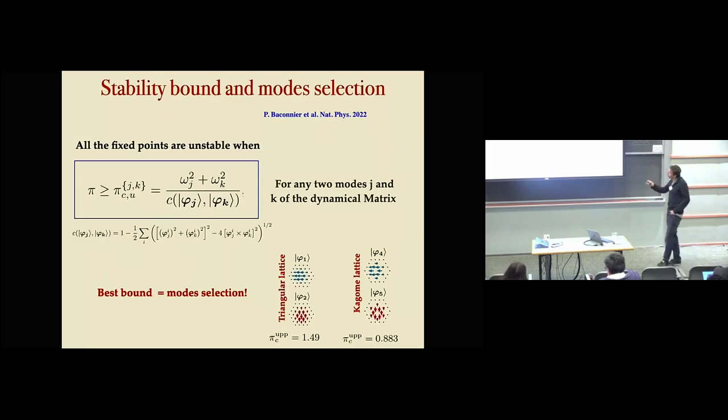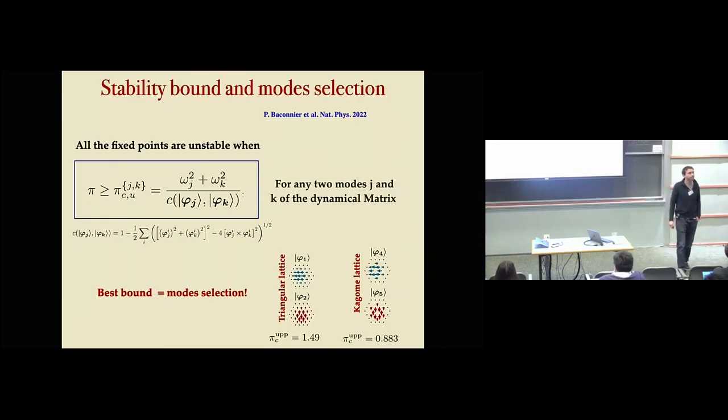What we can say from this bound is that the best bound, the value here, if I pick any couple of modes, will be larger than the one if I pick the two locally orthogonal modes. And those are precisely the ones that the system selects. That's what I can say. It's observational. I cannot prove the formula.